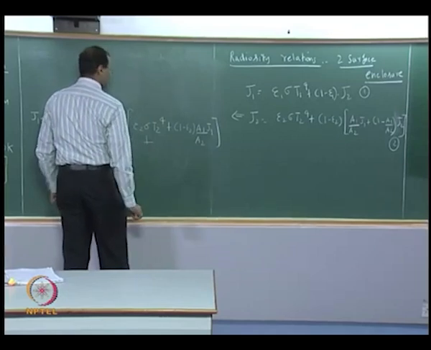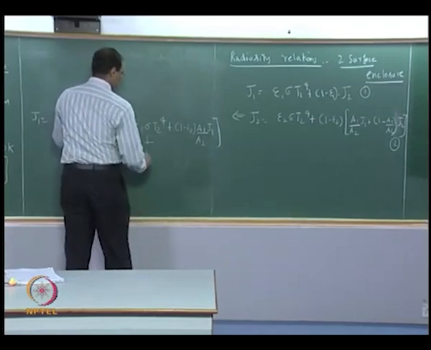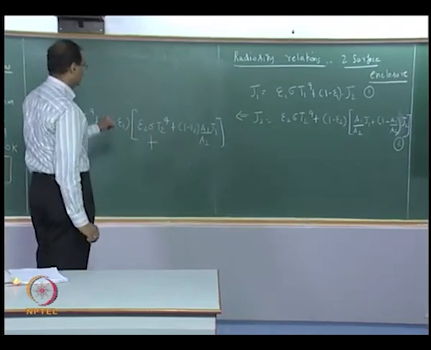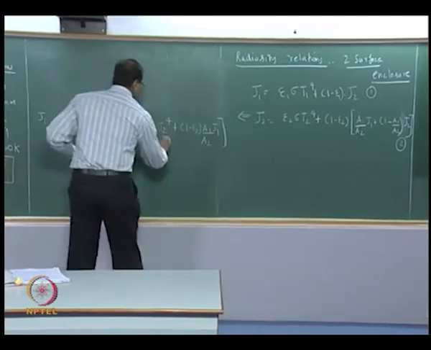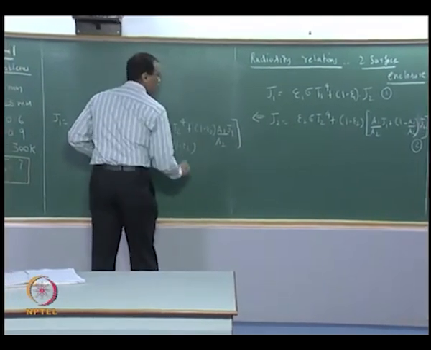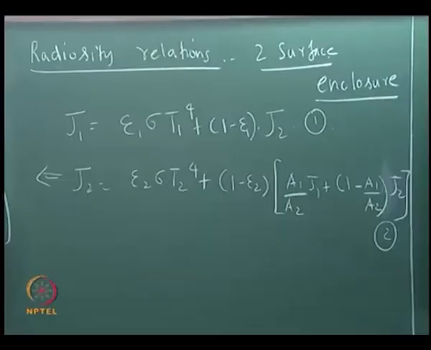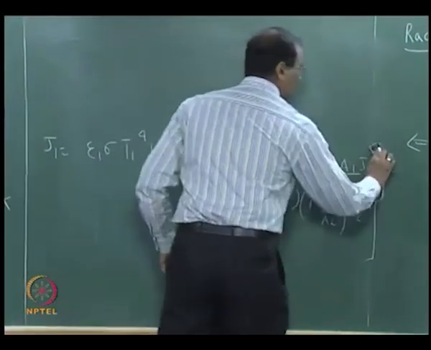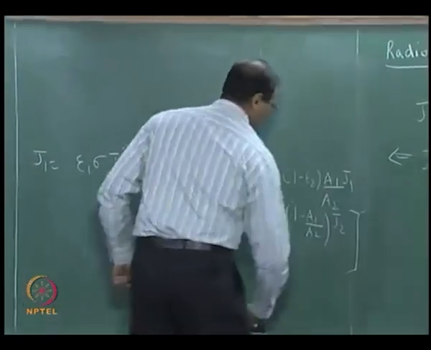What is that, 1 minus, oh, 1 minus epsilon 1 is already there, right, correct, epsilon 2. This is correct.